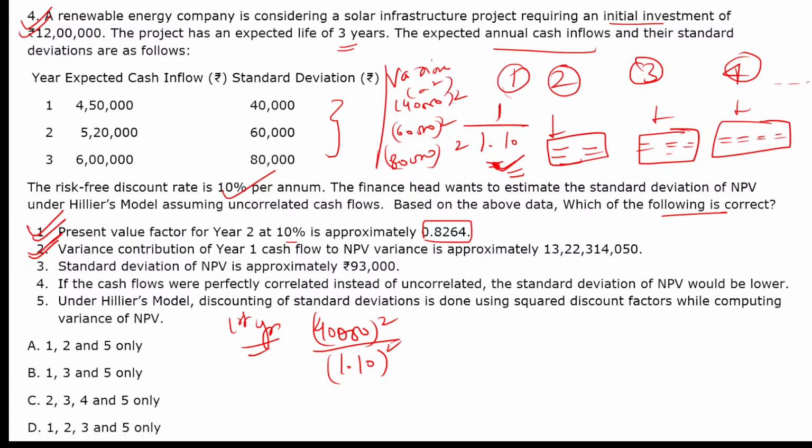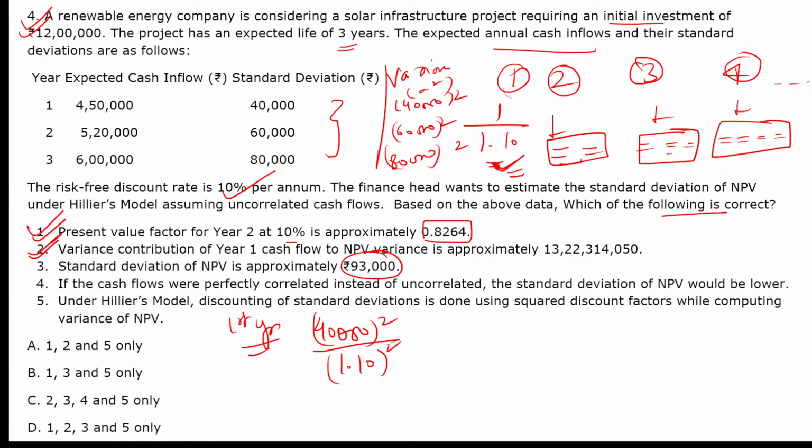Chalo. Then moving ahead, if there is no doubt till here, next. The next point says standard deviation of NPV is approximately 93,000. Do you think this is correct? This is incorrect. First of all, let's find out the variance for NPV.